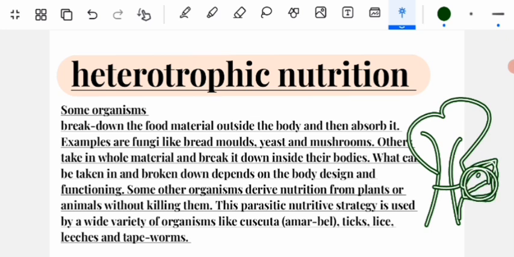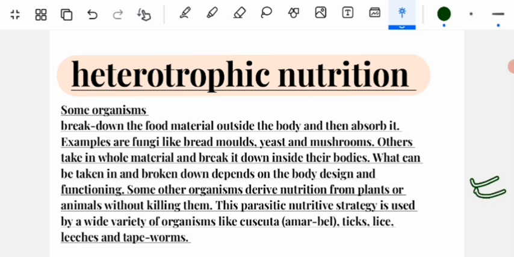This will suck the nutrition from this tree only. Then this plant becomes parasitic now, है ना? ऐसा ही. Like the examples for this are cuscuta and lice, leeches, tapeworm and ticks also. We can give these as examples for heterotrophic nutrition.